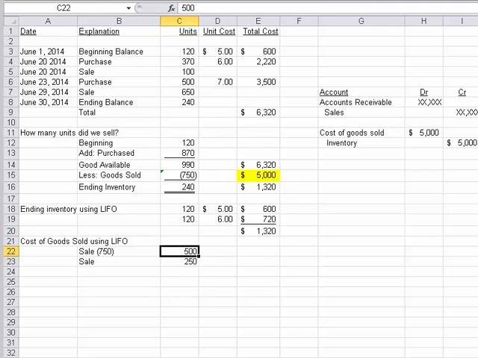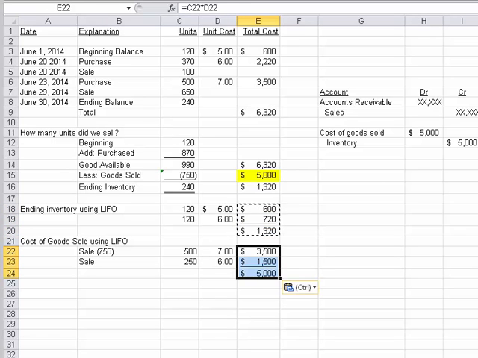That accounts for our total amount. The 500 were purchased at 70. The 250 units came from the layer on June 20th, and those cost us $6. And now if we do our multiplication and sum the two, you see I do equal that same 5,000, so we've done that one correctly.